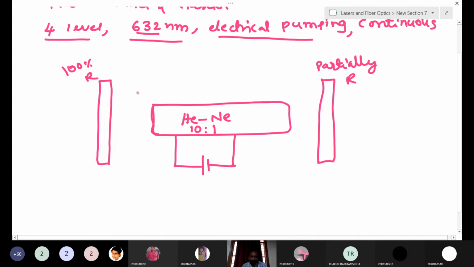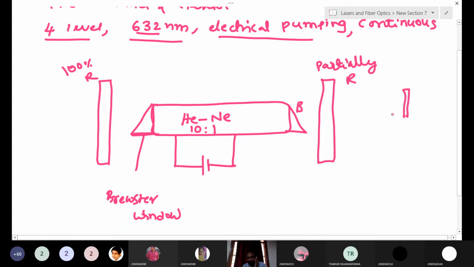Here we add one more thing, the Brewster windows. I will explain why. These two are the Brewster windows, and I am writing just B. What do the Brewster windows do? Suppose a partially reflecting mirror acts like a vertical slit.